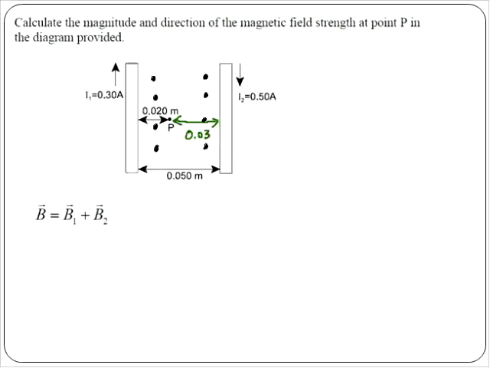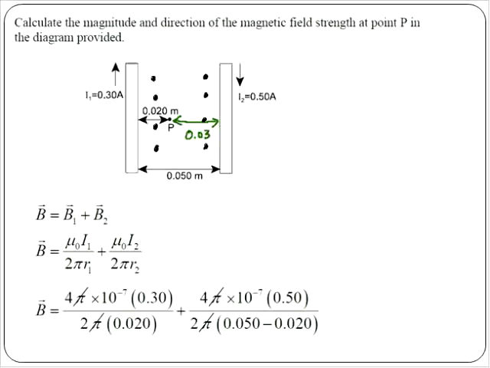Now, if the current was actually flowing in the same direction in each, that would mean you'd have to subtract them because the magnetic fields would be in opposite directions. Anyway, moving on, we add the two field strengths together, so it's mu I over 2 pi r for both. Fill in your numbers. Again, you can cancel out your pi's, and your 2 can go up there as well.